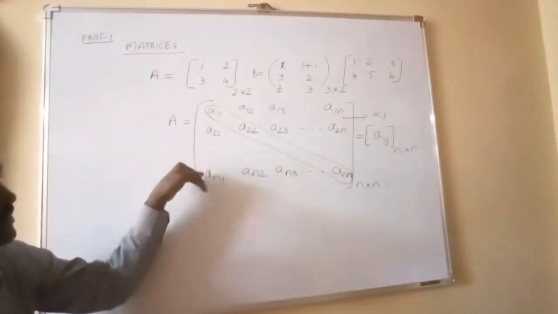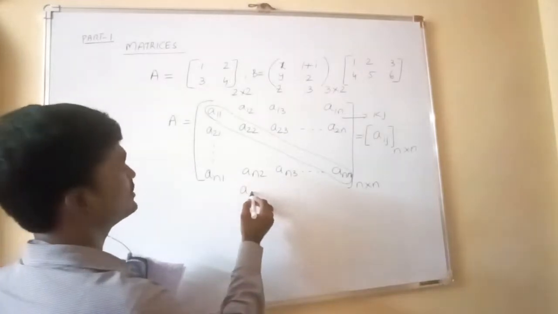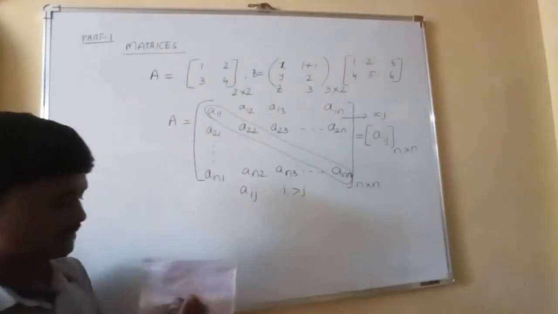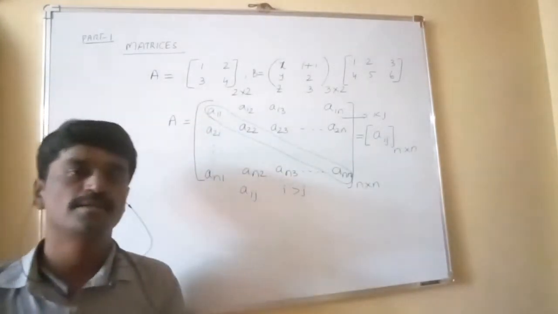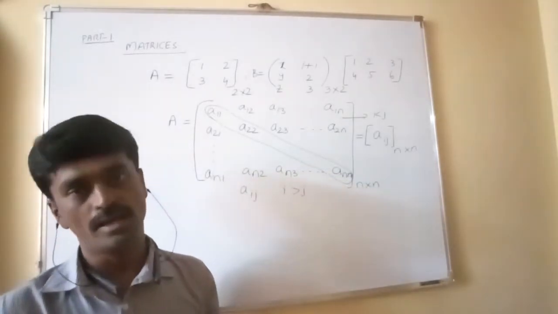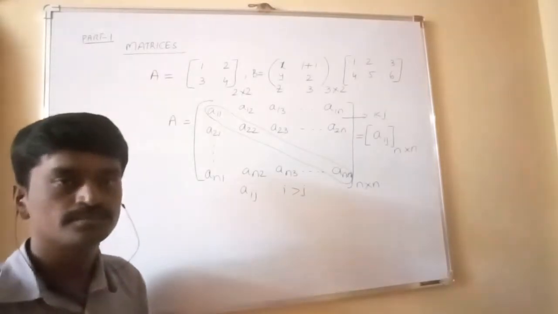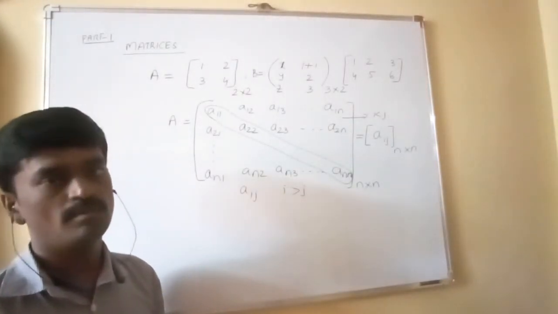Similarly, if I want to denote elements which are below the diagonal, I have to denote them by aij for i greater than j. And if I want to denote the elements in the diagonal, it is aij where i is equal to j, or you can denote them by aii. Okay. So in the case of the diagonal, the row index is the same as the column index.